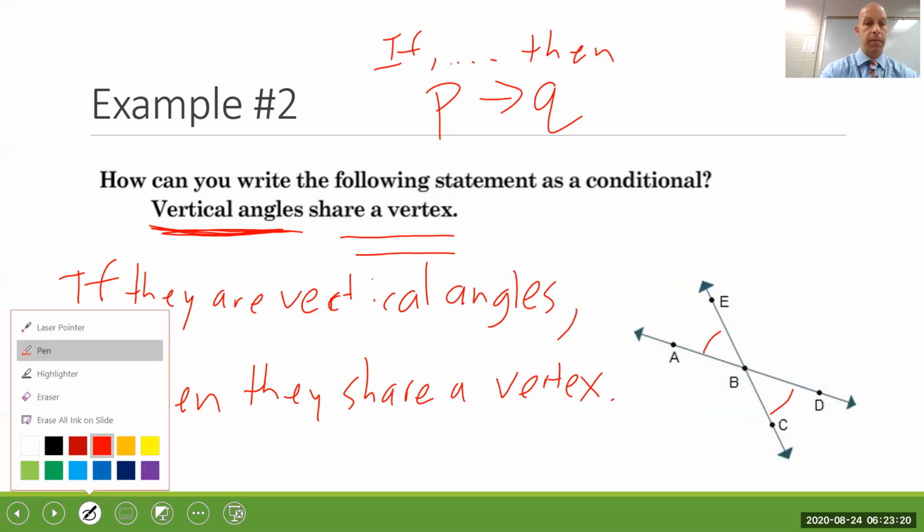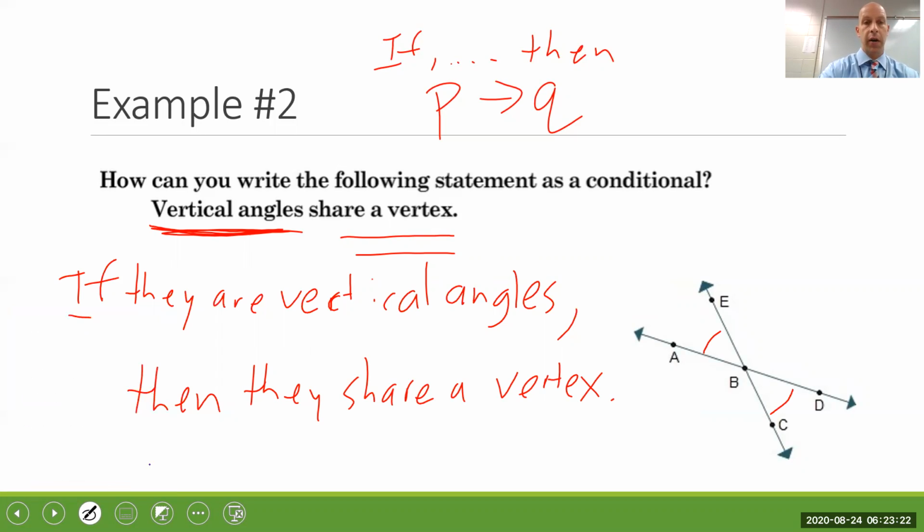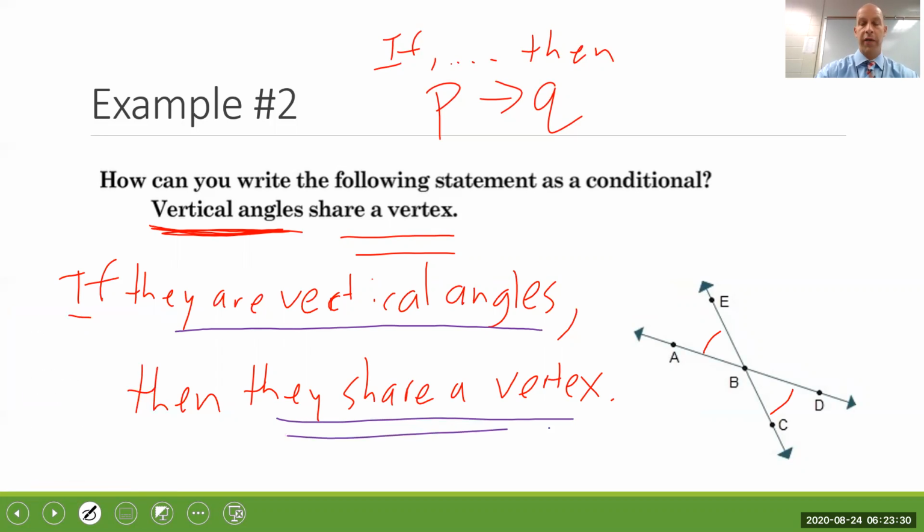So again, here is our hypothesis. They are vertical angles. Sorry about the poor handwriting. Then they share a vertex. That's the conclusion. So I've taken a statement that's not in if-then form and I've written it in if-then form.